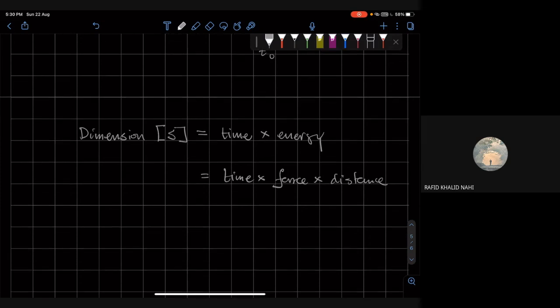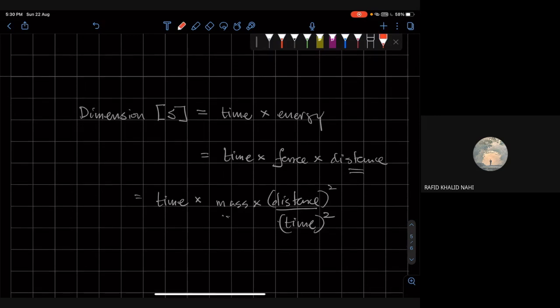And what is force, using Newton's law? This should be the same as mass times distance by time squared. This is F equals ma, but there's a distance here, so we square this. And then we can now simplify. This goes away.